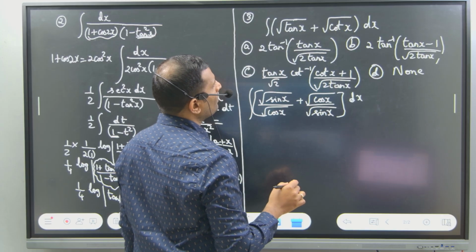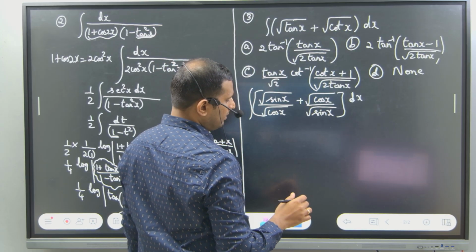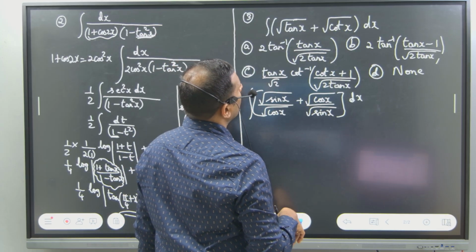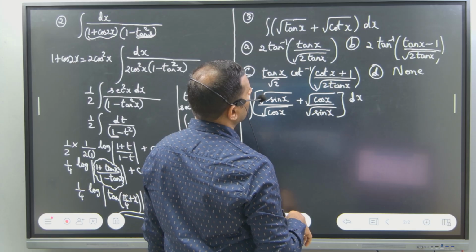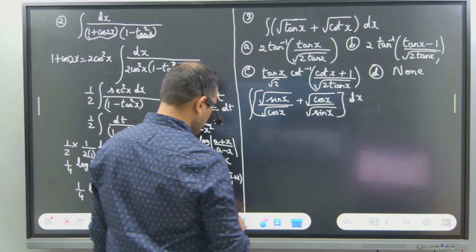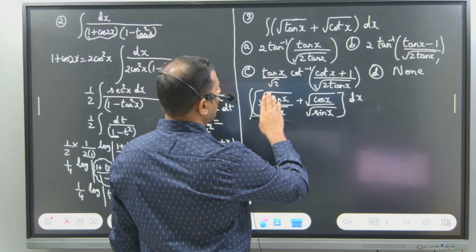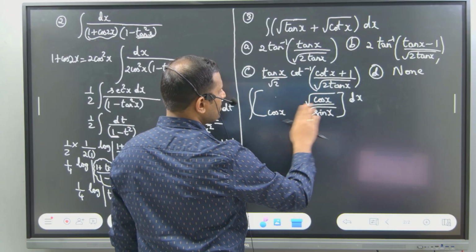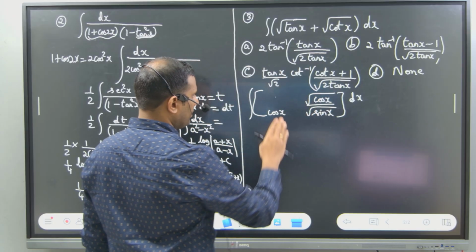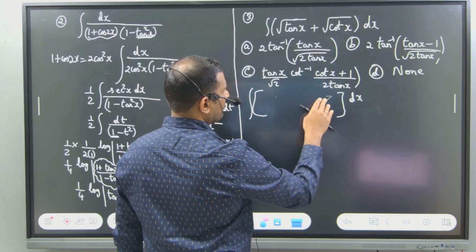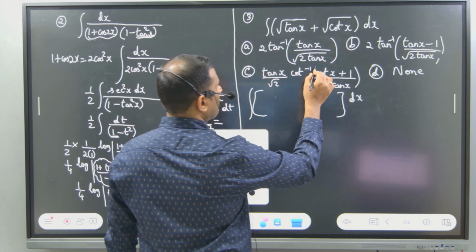Do you want to do it that way, or shall we write cot as 1 by tan? Which one would you prefer? I would say it is better to write cot as 1 by tan. That will be easier.